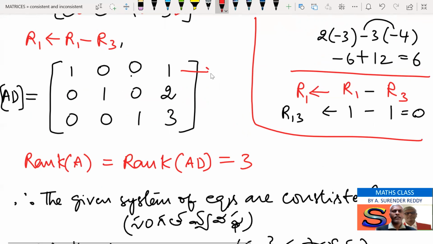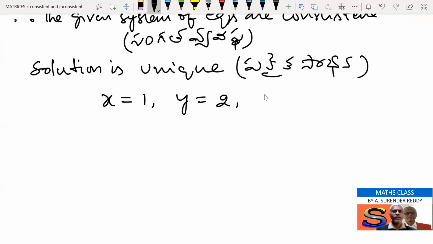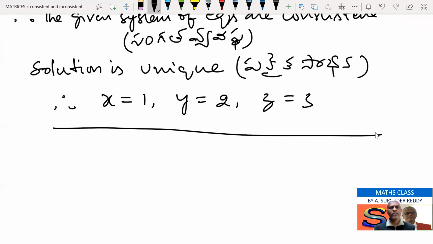Therefore, the solution is x equals 1, y equals 2 and z equals 3. So this is the example of a unique solution. The system has a unique solution.